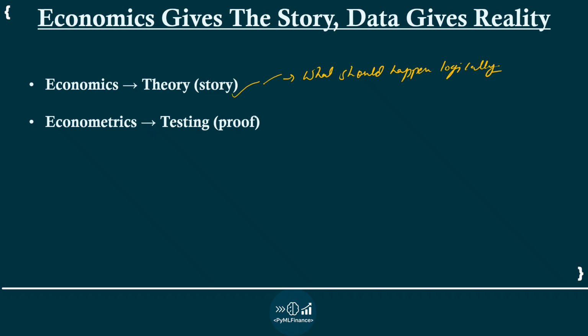So econometrics is basically the step where we say, okay, we have a nice theory, now show me the data. Because in real life you don't just want to know what should happen, you also want to know what actually happens, and econometrics helps you understand that. That is why econometrics exists.